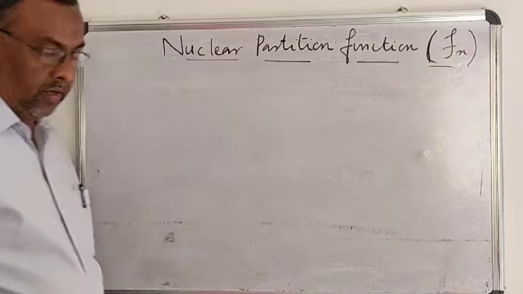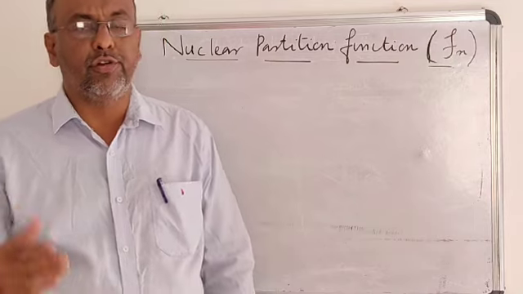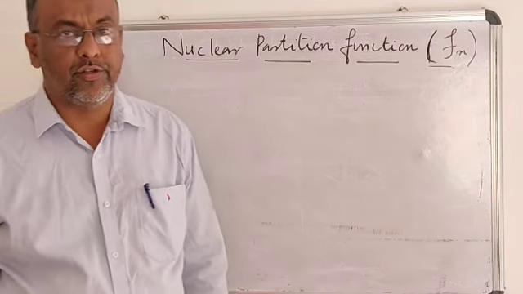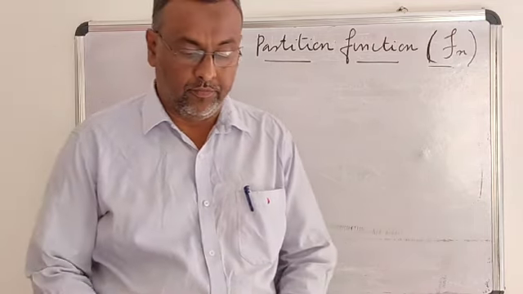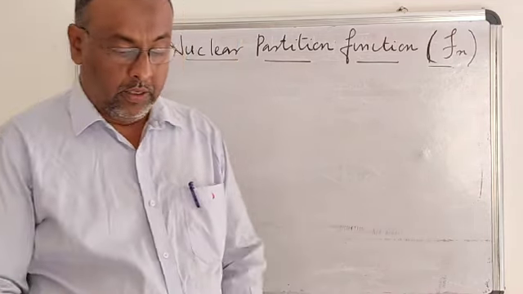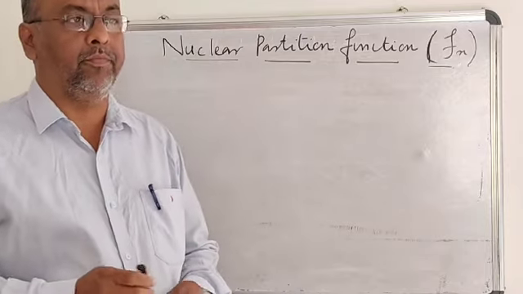See, in the nuclear partition function, we are considering the distribution of nucleons, that is, neutrons and protons. The nuclear partition function and how it contributes towards the heat capacity we are going to study.